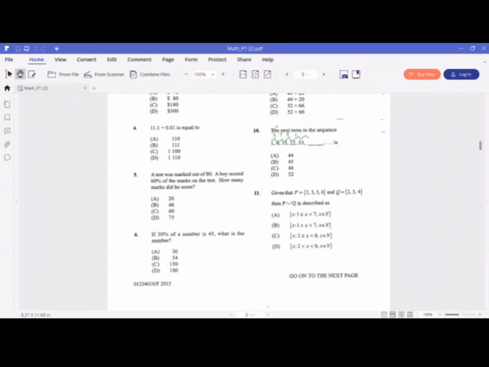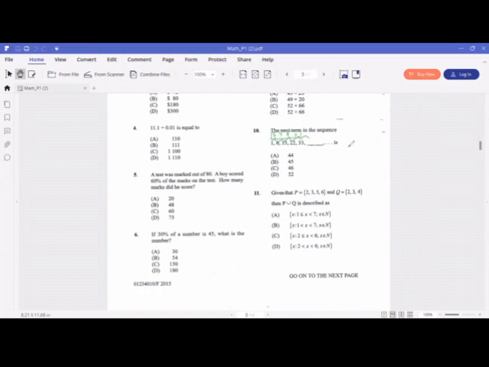Now if you look at the pattern of the previous numbers in the sequence, what you realize is that first and foremost, they are odd numbers. Not only are they odd numbers, they are consecutive odd numbers starting from 5.